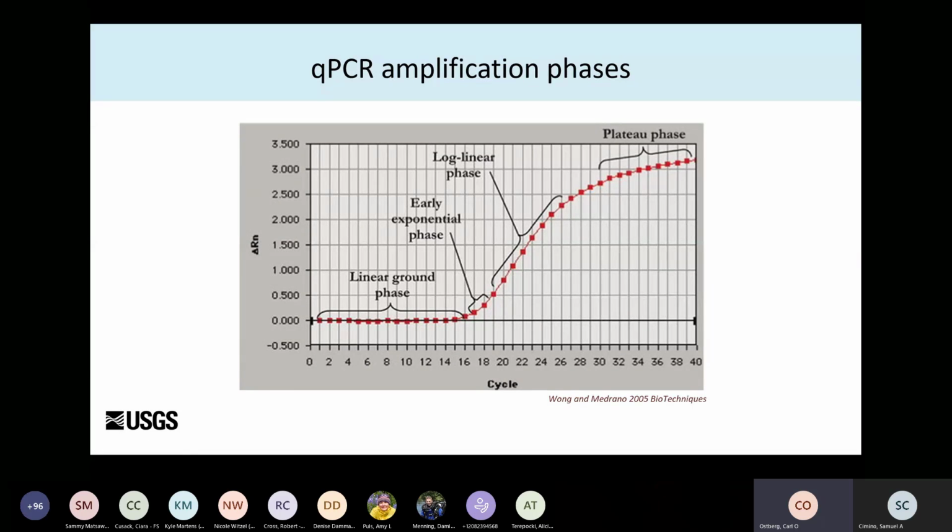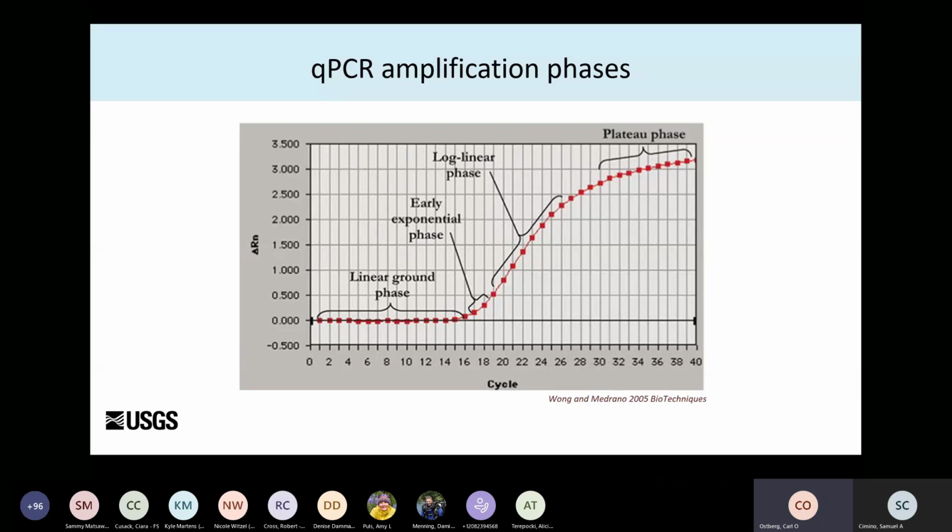Fluorescence from the PCR hasn't risen above any detectable background level yet. Then we start getting an increase in product, and we enter an exponential phase, with the product doubling every cycle and an exponential increase in fluorescence.